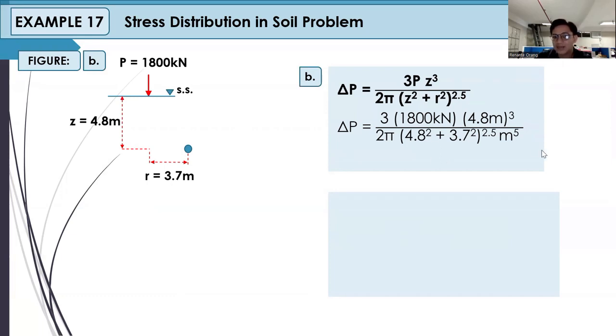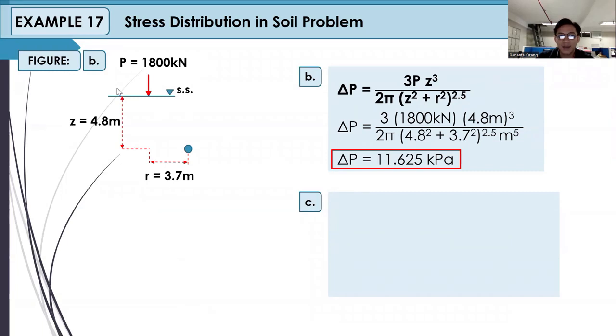So, pakipalitan lang and then our answer would be 11.625 kilopascal. So for our last thing na hinahanap is papalitan po daw natin yung ating point load ng uniformly distributed load na 200 kilonewton per meter.